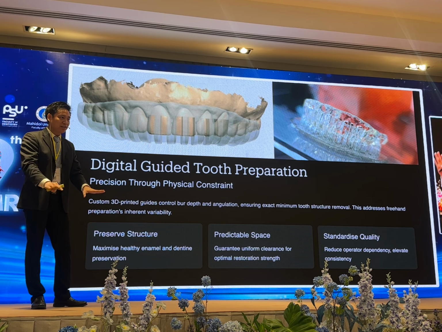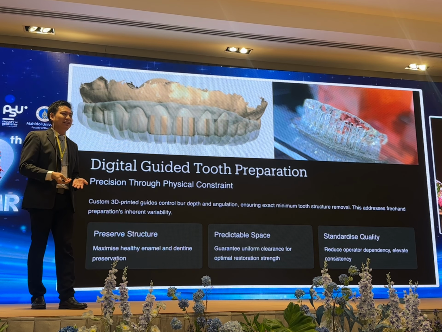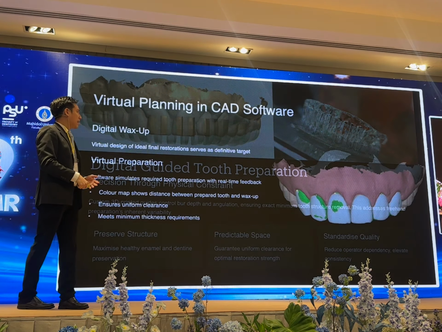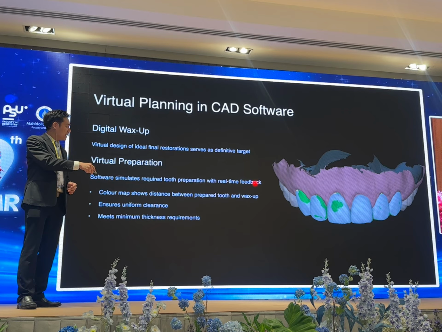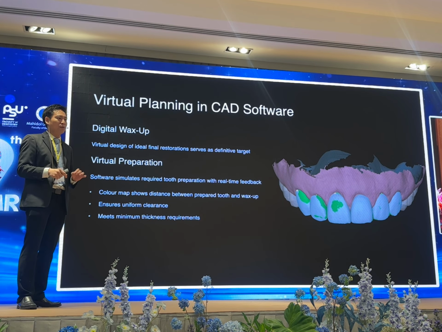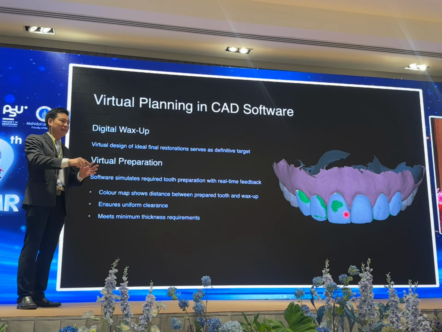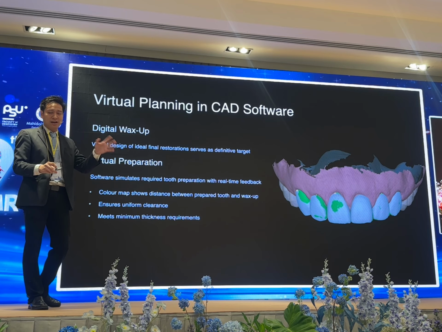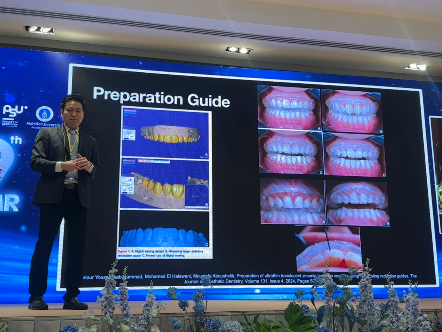After you put it in place, nothing moves, so you can see it more easily and it's more reliable. Plus with the technology, you can see immediately if any area of the tooth you need to alter before you make an index for the patient. The color will show you that before you put anything in the patient, for guiding and shaping. There are many types of preparation guide.